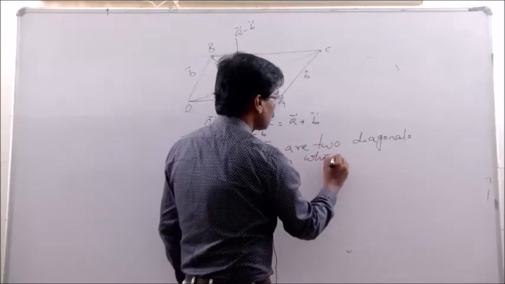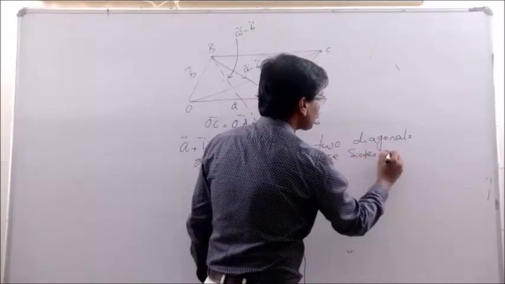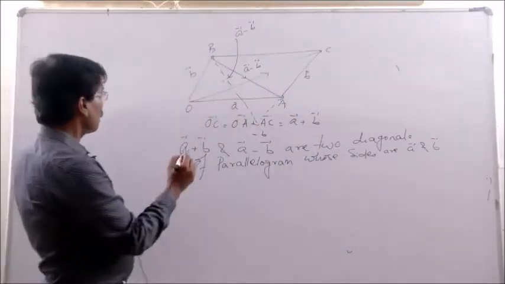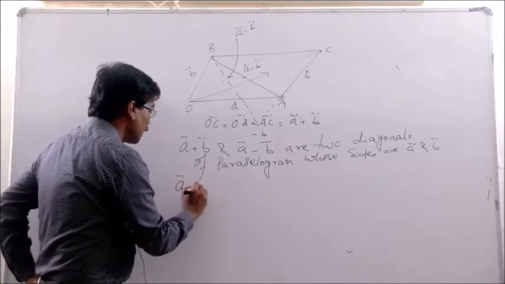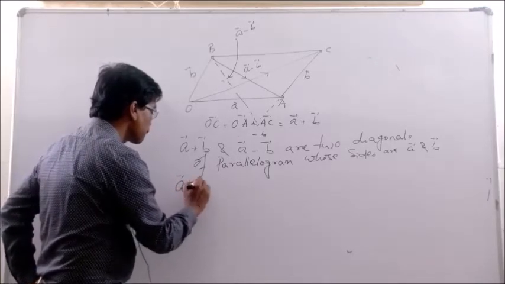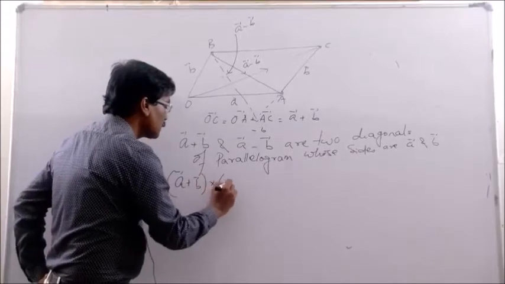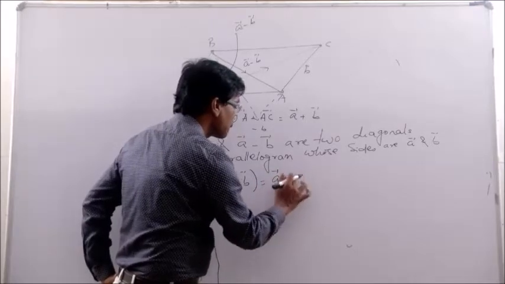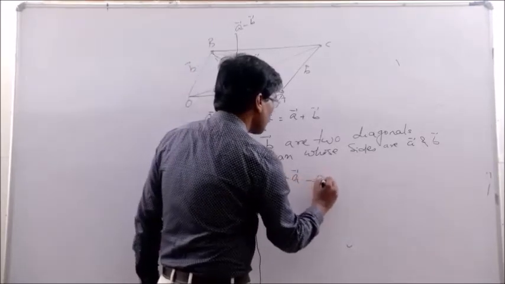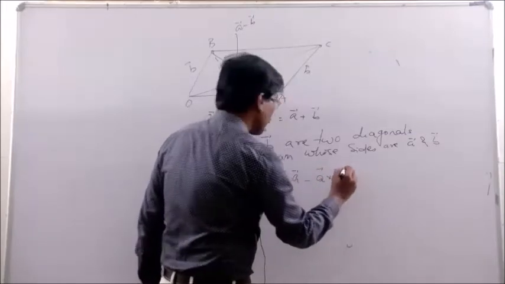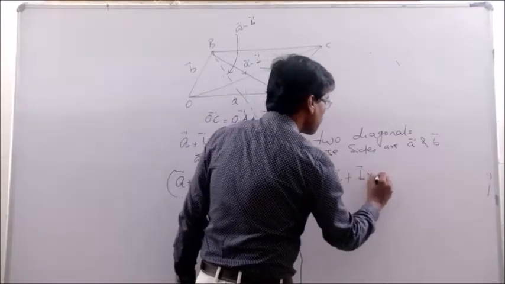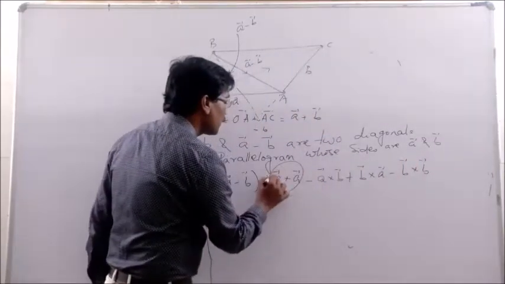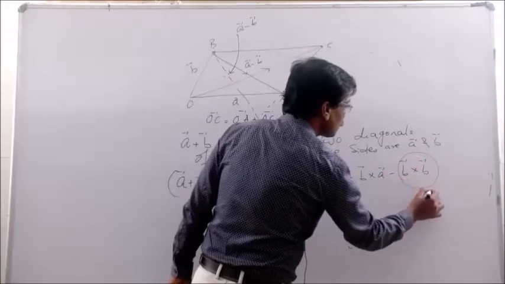whose sides are A vector and B vector. Now, if we have A plus B cross A minus B, that is equal to A cross A minus A cross B plus B cross A minus B cross B, as A cross A and B cross B both are equal to 0 vector.